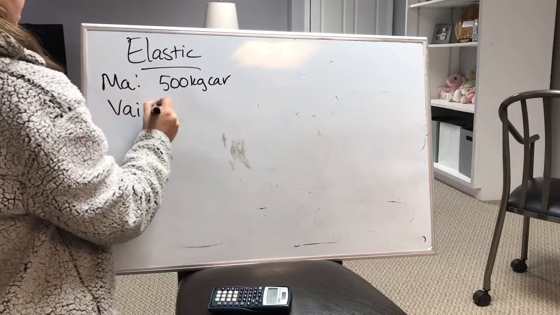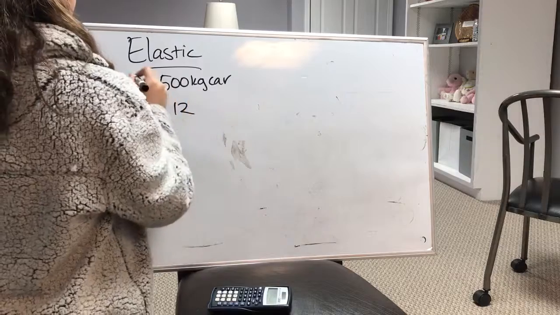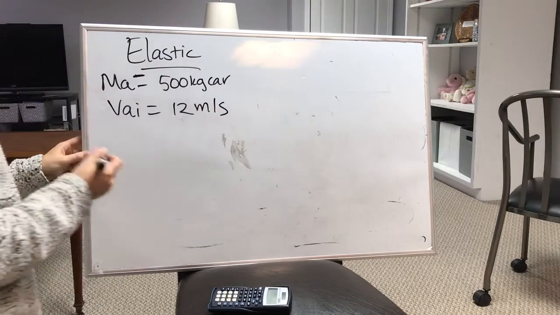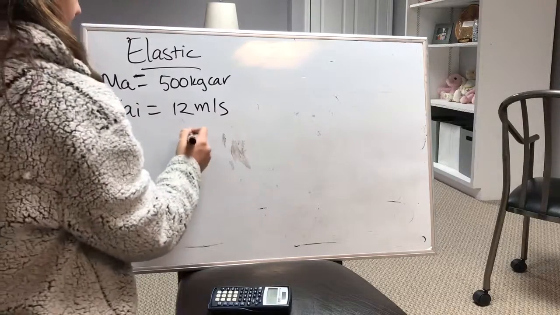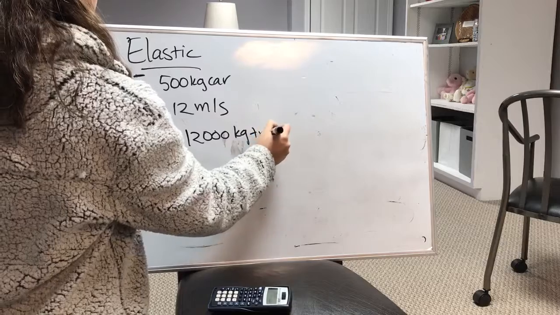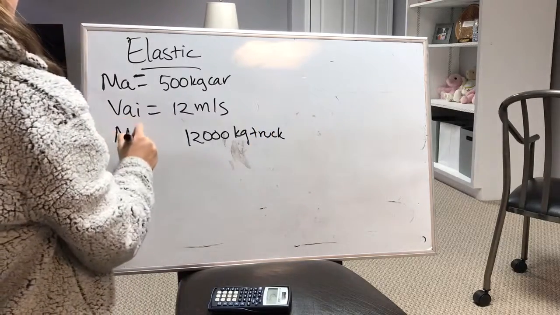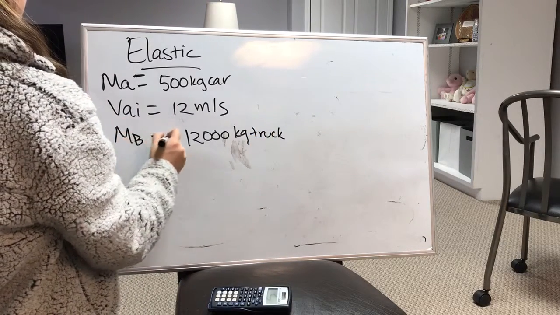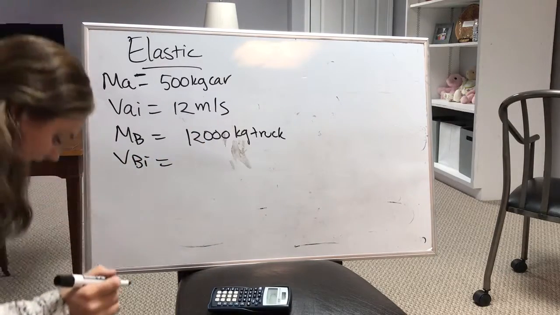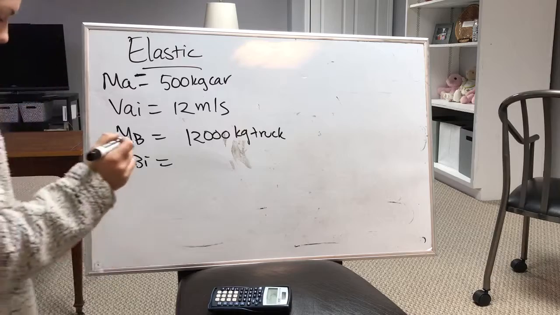So we know that the velocity of A is 12 meters per second. But we also have a 12,000 kilogram truck, which is going to be mass B. And we can see that this is traveling 3 meters per second.